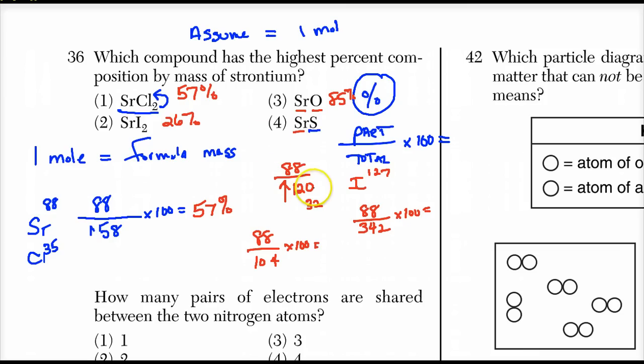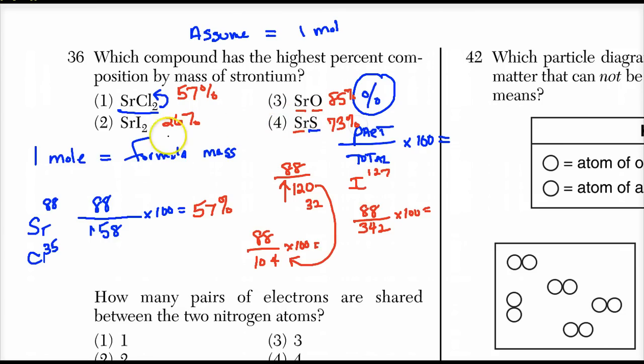So this number is going to be bigger than this number, so the percentage will be smaller. But if you don't trust it, you can do 88 divided by, in this case, 88 plus what? 32. And you get 73%.